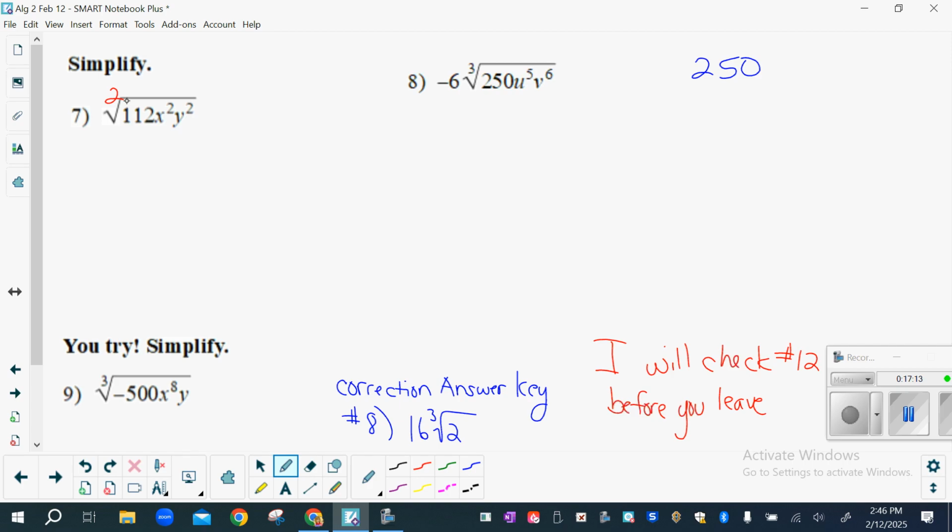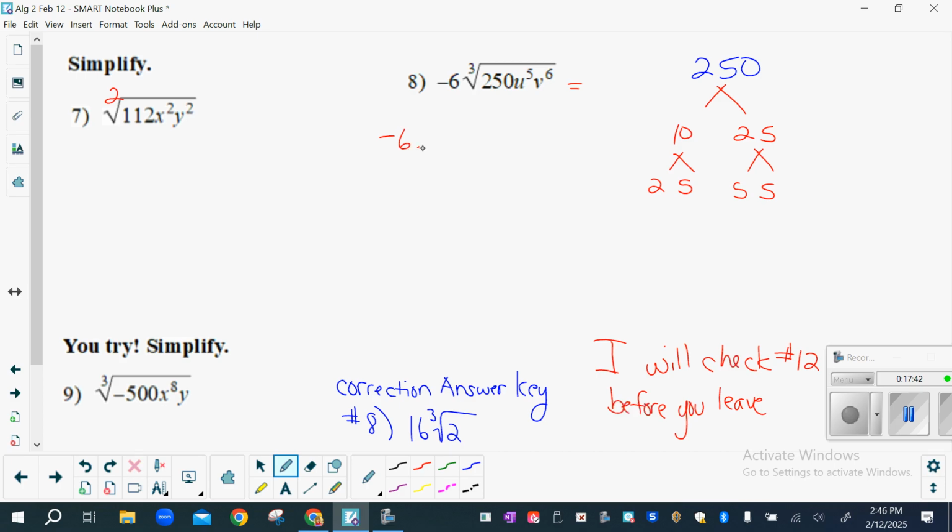So we're going to take 250 and find the prime factors. What's the number that goes into 250? It ends in 0, so that means what goes into it? 10, that's right, 10 and 25. So then the 10 would be 2 and 5. And then 25 is 5 and 5.